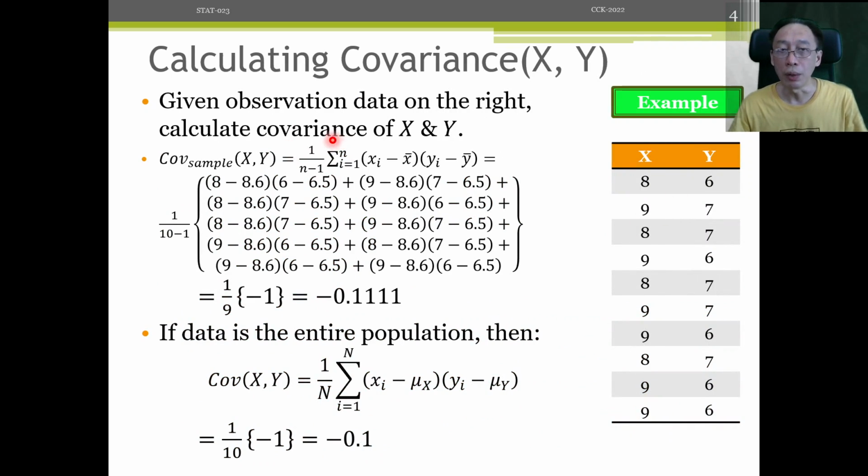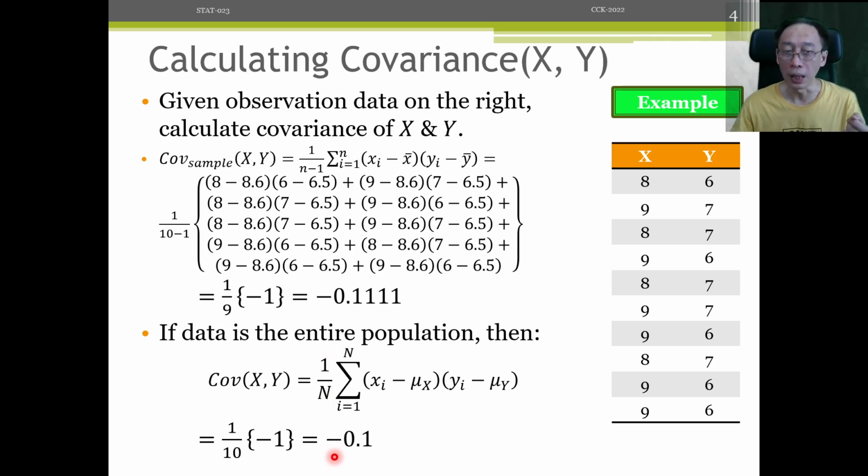What we did was just to apply the formulas. We first calculate the x bar and the y bar, then do the substitutions, and we arrive at the sample covariance. If we treat the two sets of measurements as population, then we apply basically the same calculation but divided by n, where n is 10, rather than n minus 1.